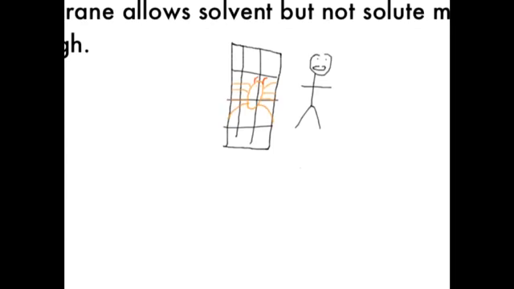Now the spider is like a solute particle, and if the wind blows this way, it is partially blocked by the spider, and not as much wind can get through. If the wind blows this way, more wind can get through because the spider would get blown off the door. So the net flow would be towards the spider.